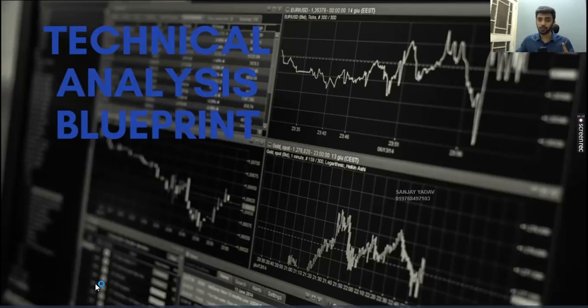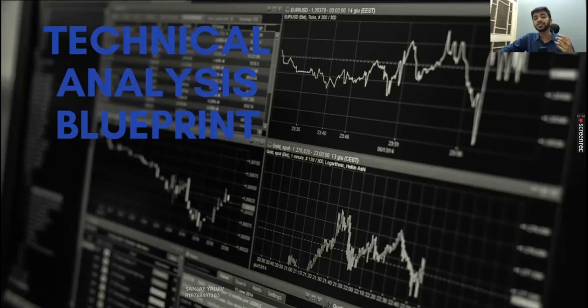Whether it is cryptocurrencies, US markets, the Indian market, commodities, gold, silver, or potato, onion, everywhere candlestick patterns are used. And since it is used everywhere, you can understand the importance of it. These are not just some designs or shapes happening on a chart.